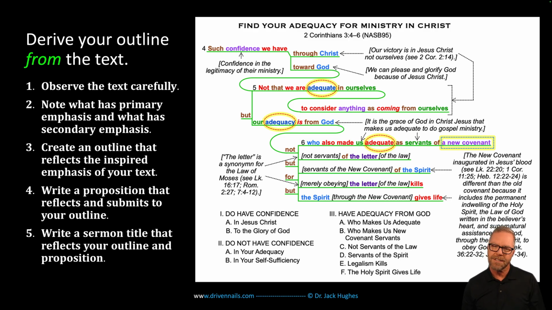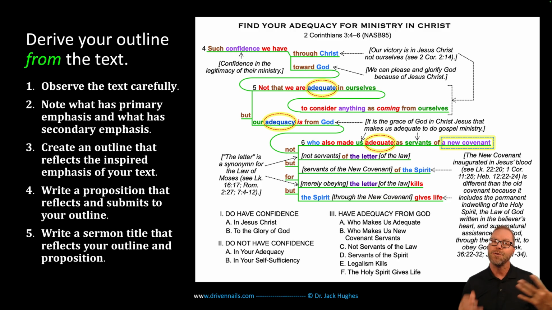And now these five phrases here are going to tell us what God does for us, how our adequacy comes from God. Because God also made us adequate as servants of the new covenant. Now, this is cool because in the old covenant, remember, there were blessings for obedience and cursings for disobedience.